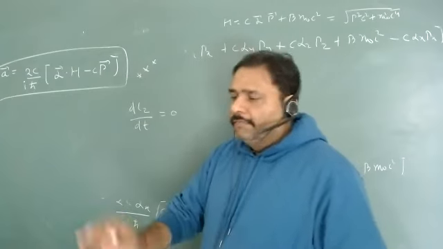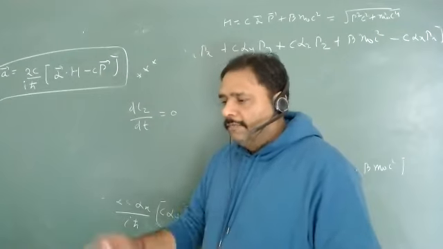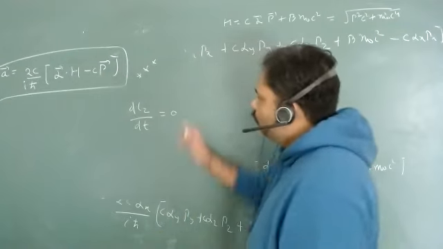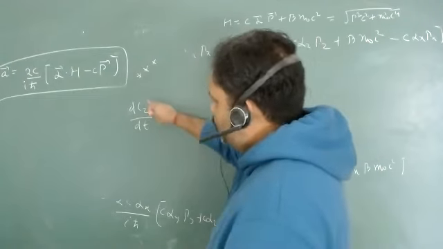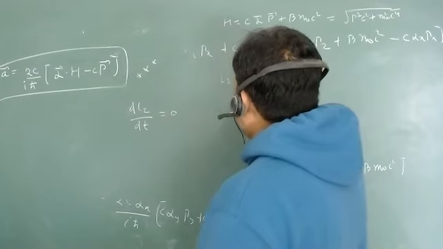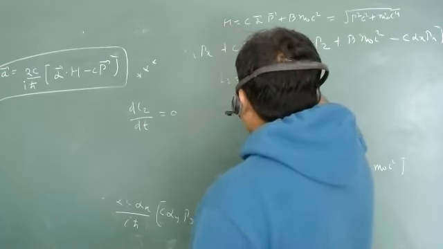Even if you take V of r, the role of V of r will itself be 0 because V of r and L commute. But you can easily find what your Lz is. What is your Lz? x py minus y px.